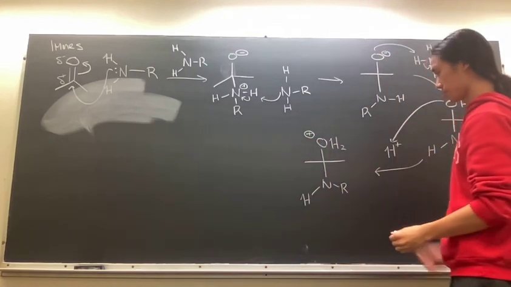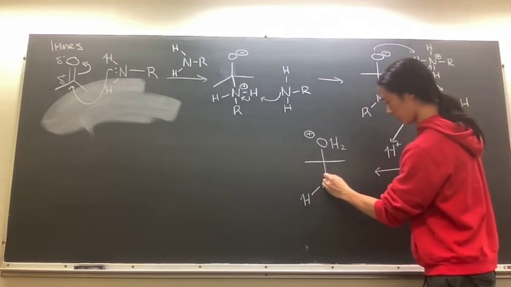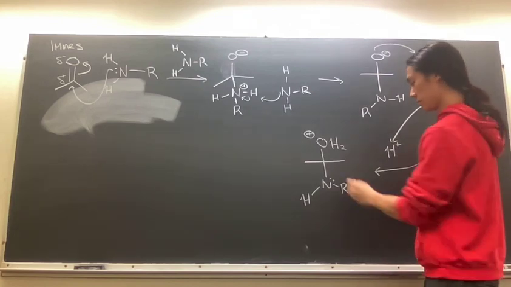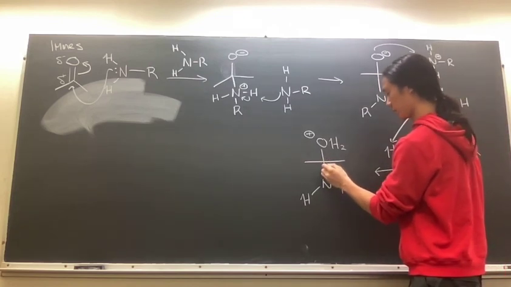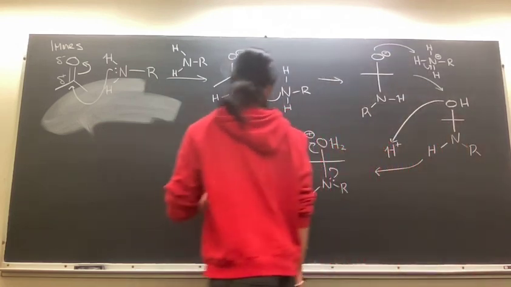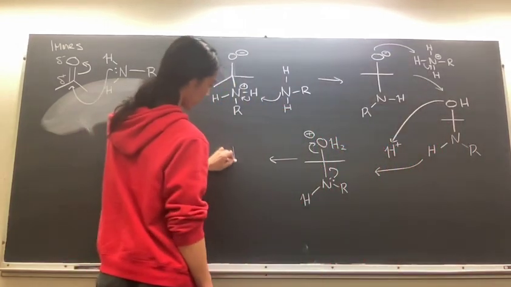Now we have a good leaving group, and a property of nitrogen that's pretty important is that it's a really good pi donor. So what's happening is this is going to form a pi bond, and that's going to kick off this oxygen leaving group. So now we are almost at our final product.